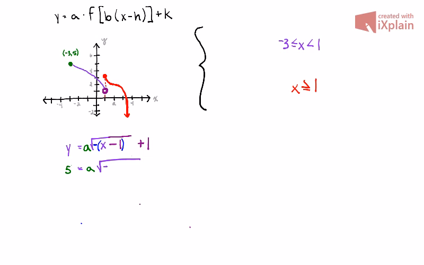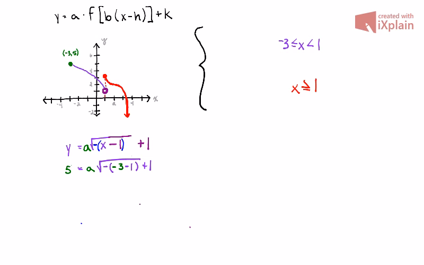And then I'm going to move into the function, and I know that x in this case is going to be -3. And by doing this, since I filled in the positions for x and y, a is the only variable in this case that I can solve for, and that's actually what I'm looking for.